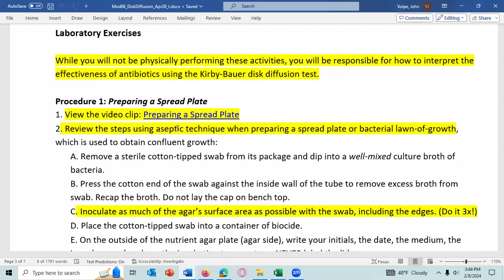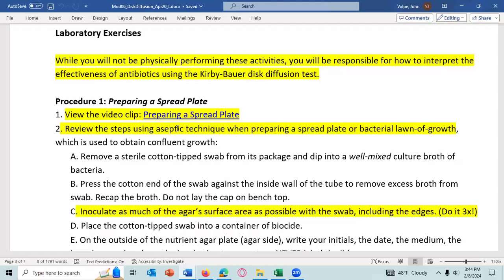And I looked at this and said, you don't have the bacteria growing in a lawn. You got humongous holes where bacteria are not growing on the plate. So there's no way to measure the size of the zone of inhibition. I told her she didn't streak it well and she would have to do it again, or she could use her lab partner's plate.